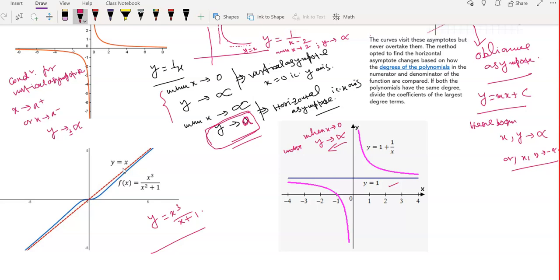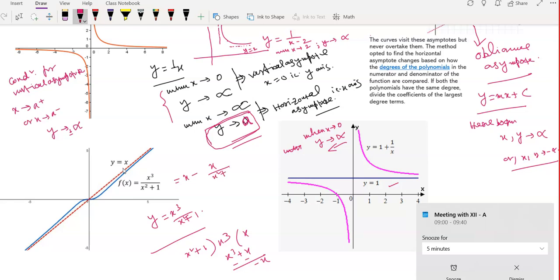After division, you can divide x cube by x square plus 1, and this is going to be x minus x by x square plus 1. Does it exist? Check.